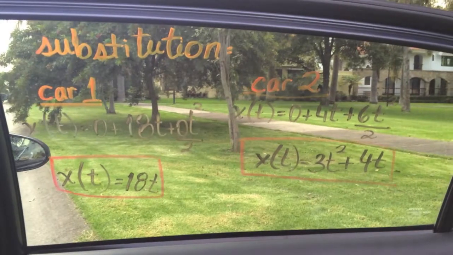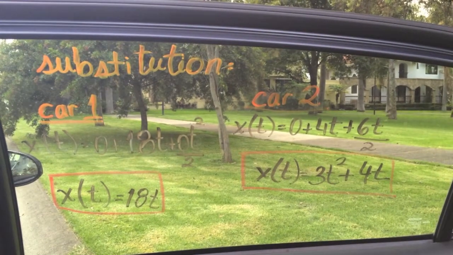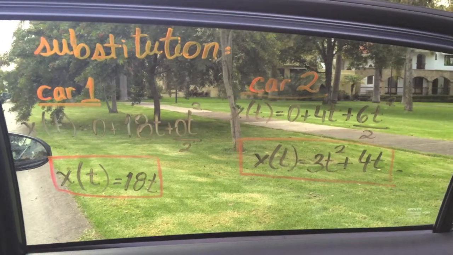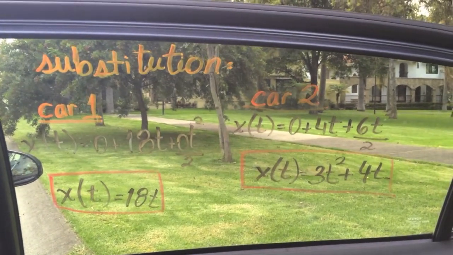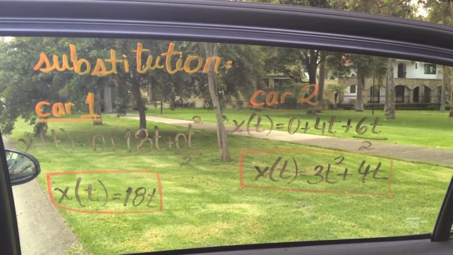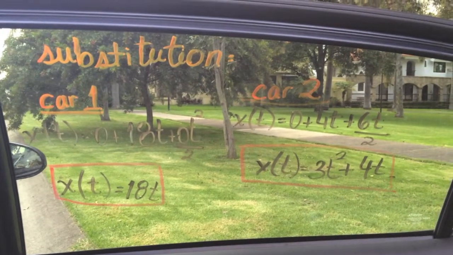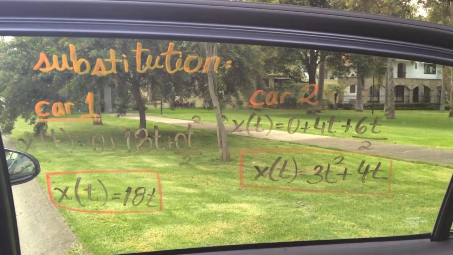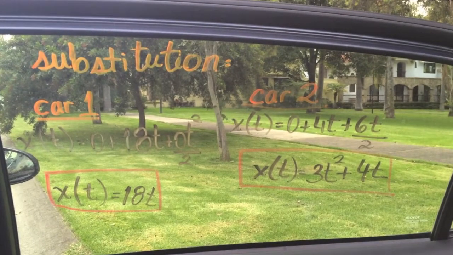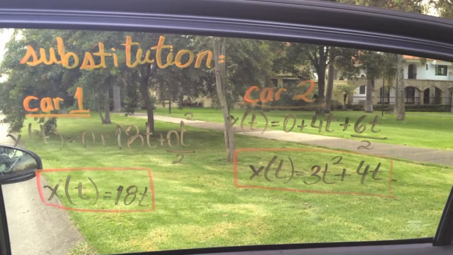We substitute car 1 and car 2 according to the data we have. For car 1, we only have the initial velocity, so the function will be x(t) equals 18t. And for car 2, we have acceleration and initial velocity, so our function will be x(t) equals 3t squared plus 4t.